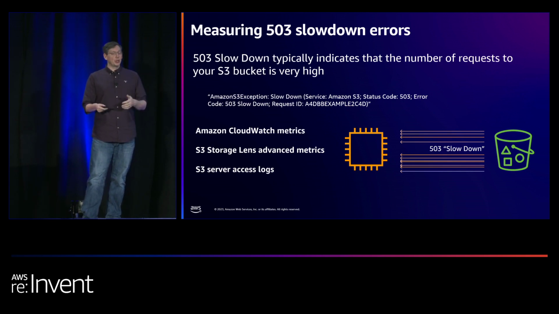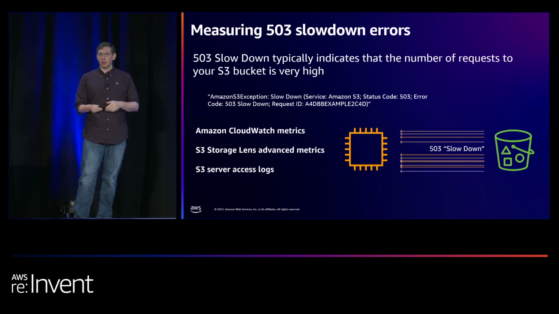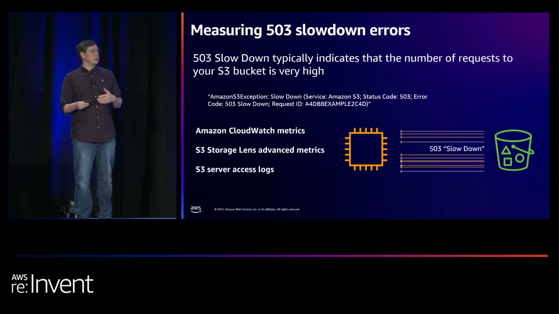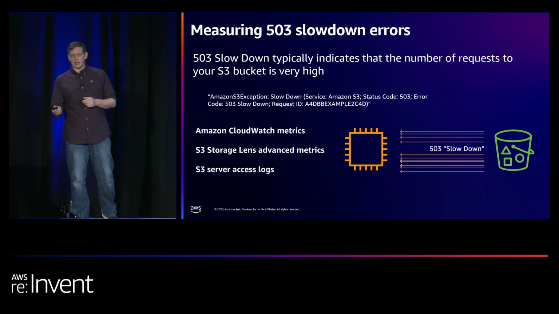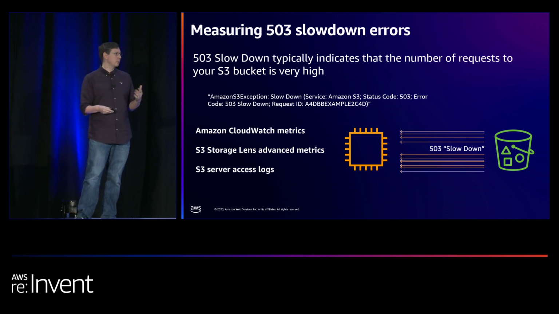But as we said before, workloads change and they grow and they can be unpredictable. And when your applications exceed the numbers that we talked about, S3 will respond with those 503 slowdown errors. And this indicates that there may be areas of your key space that need your attention. We recommend that you use S3 request metrics in CloudWatch to monitor an alarm on the number of 503 responses that you receive.